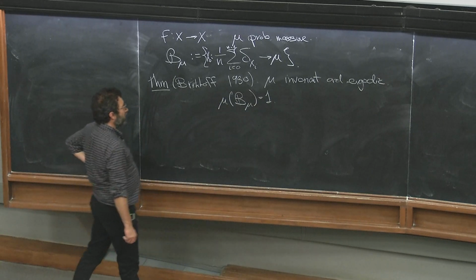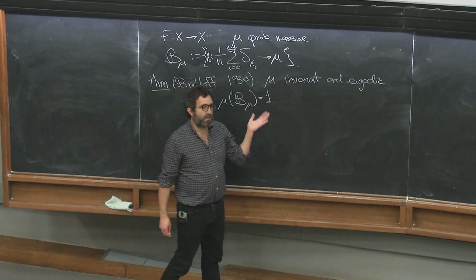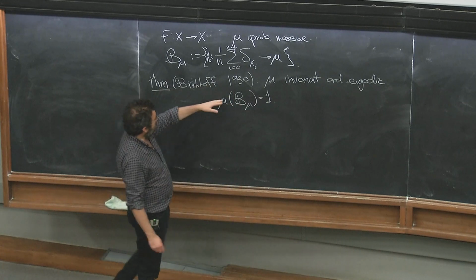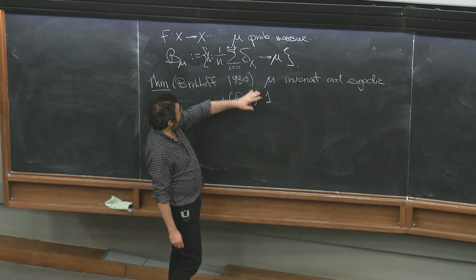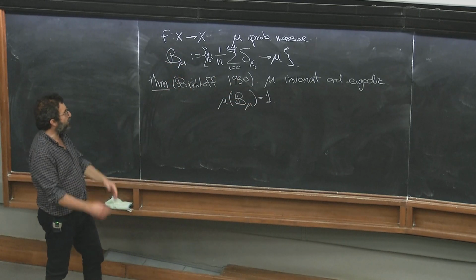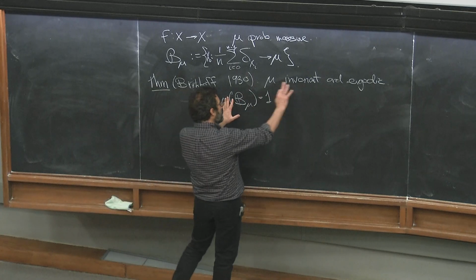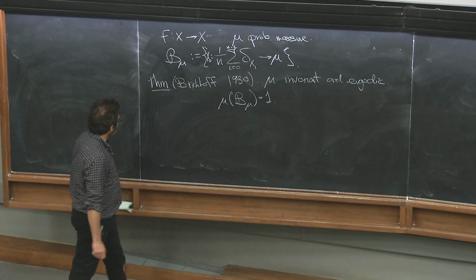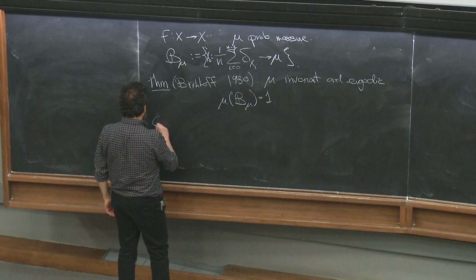The Birkhoff ergodic theorem is more general, a statement that applies to measurable maps on measure spaces, but if X is a compact metric space, then we have this corollary.